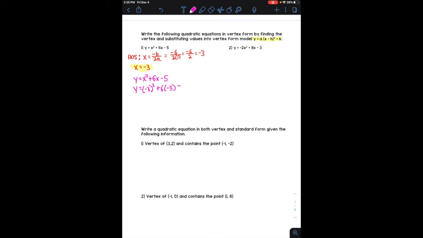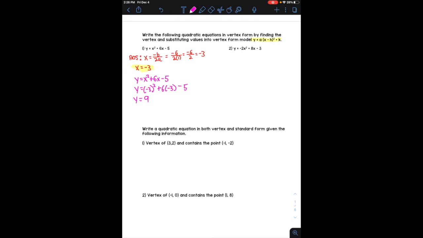We're going to use the order of operations, so I'm going to do the exponents first. Negative 3 squared gives us positive 9. 6 times negative 3 is negative 18, minus 5. 9 minus 18 is negative 9.